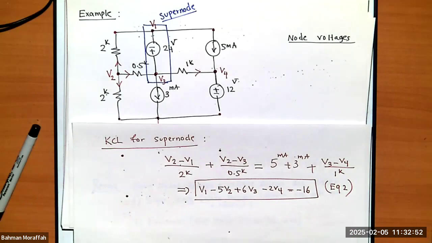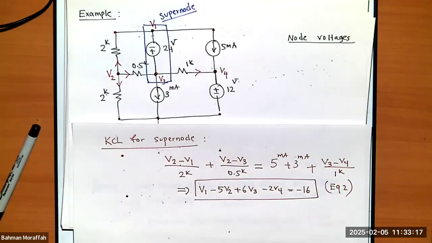And I already know V4. We said V4 is the easy one because it's located between one node and the ground. So V4 is basically 12. We know it. But look what we did. Because we combined V1 and V3 into one node and we wrote the KCL for that giant node, we're missing one equation.